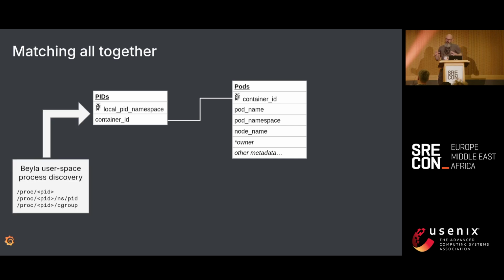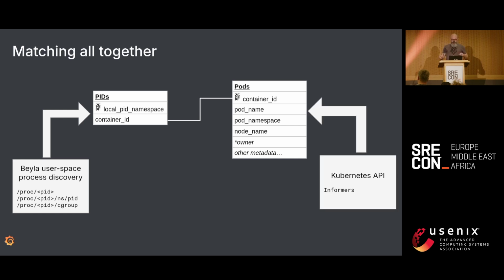First of all, Beyla is going to go to the /proc file system, and there it's able to get two elements: the local PID namespace at the host level, and the container ID. Luckily, the Kubernetes API, besides providing all the metadata from the pod, also provides the container ID. With these two, we can relate PIDs and pods.